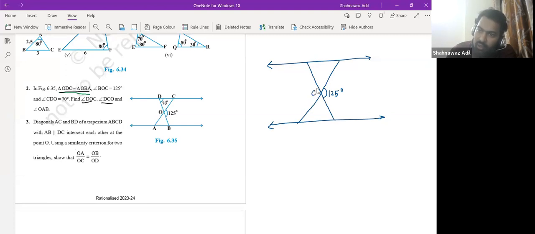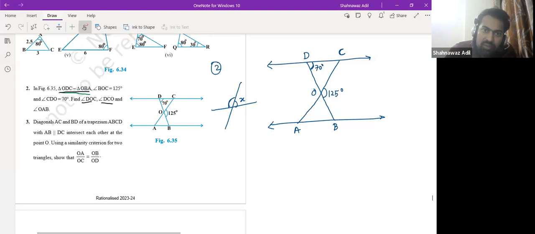This is O, this is D, this is C, this is A, and this is given as 70 degrees. So we have to find out angle DOC. To calculate DOC, we know that if this is X, then what is this angle?